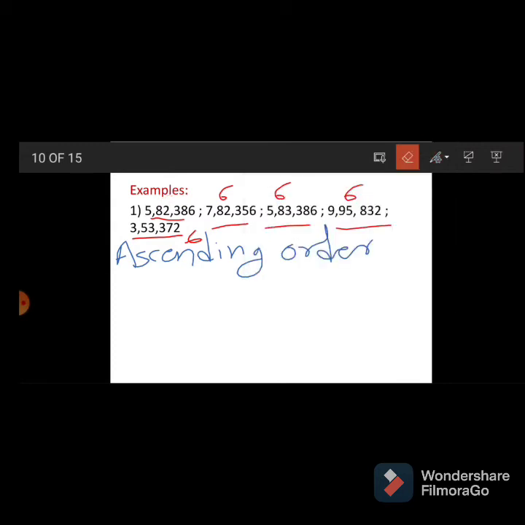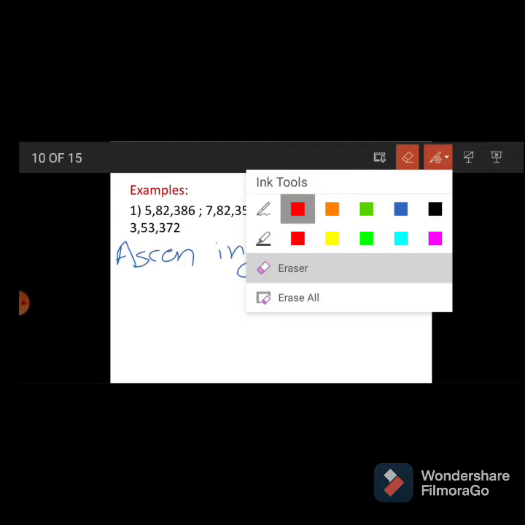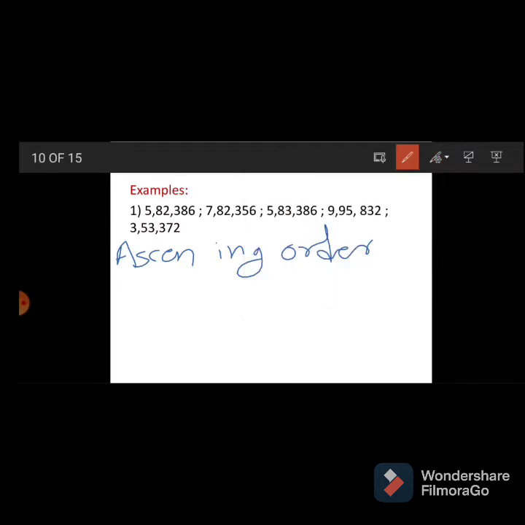Then what to do? Then again we have to apply the second rule which we used to compare larger numbers. See, first we have to check digits from the leftmost place. Here 5, here 7, here again 5, here 9, here 3, which is smaller? 3 is smaller. Then first we have to write 3,53,372. Which number is it smaller than? After 3, 5 is greater, but in both numbers 5 is there, here and here. Then check the next digit from the leftmost place.